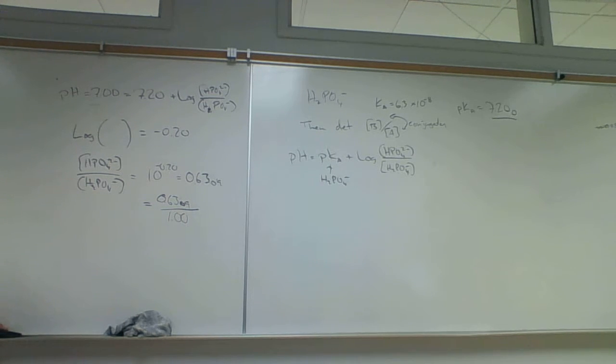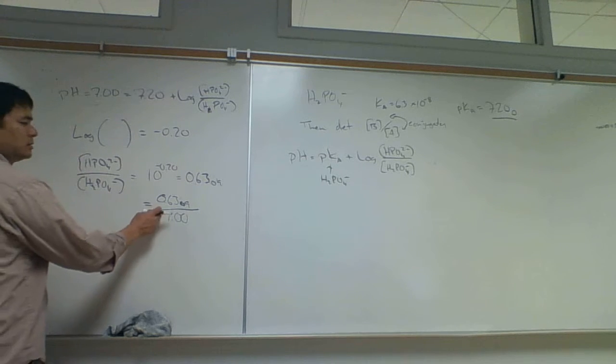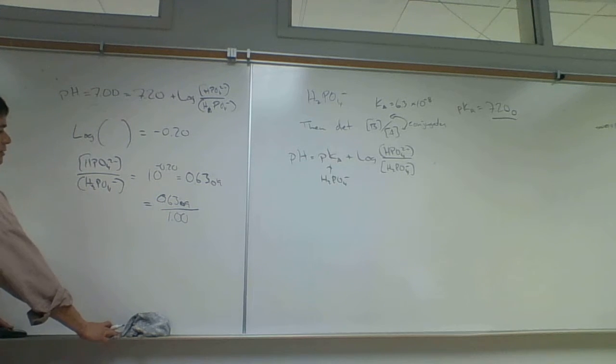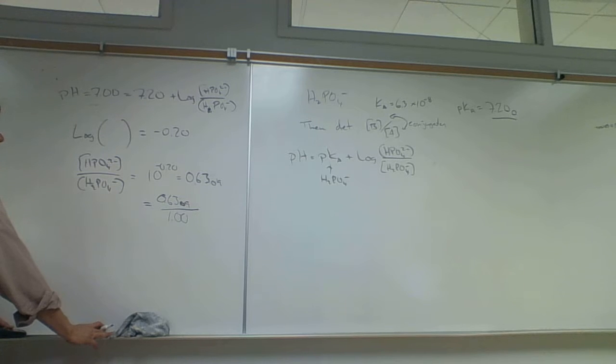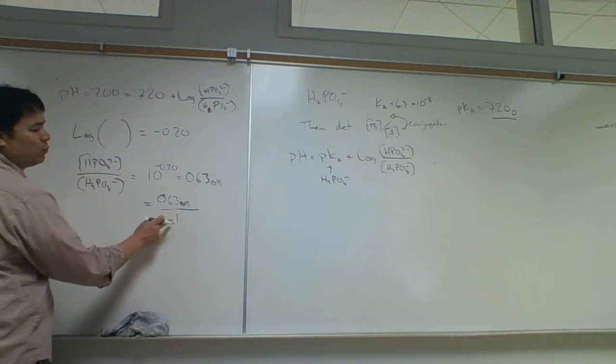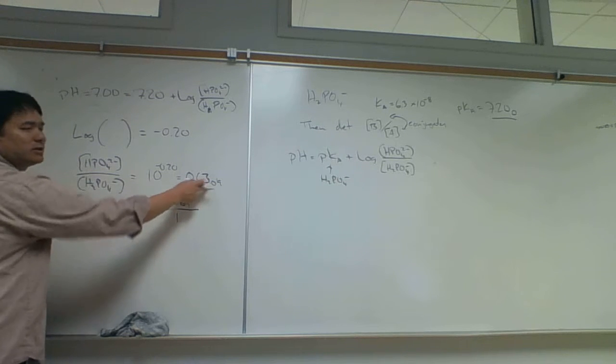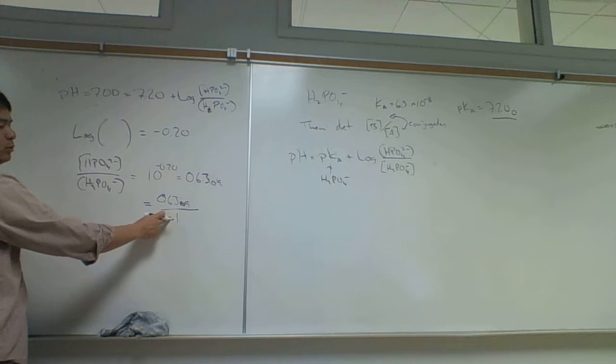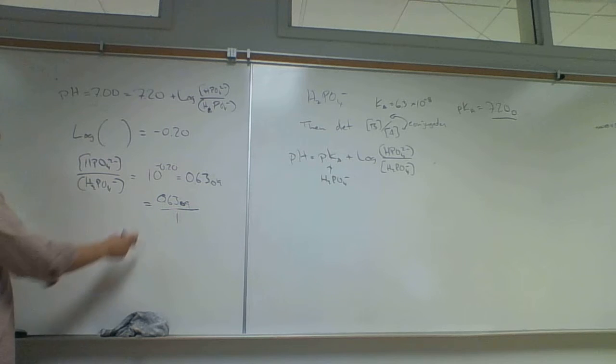Actually, it should just be one. For every one part of acid, we have 0.63 parts of base.